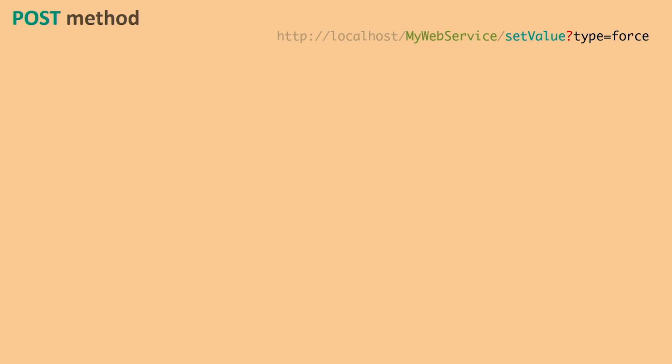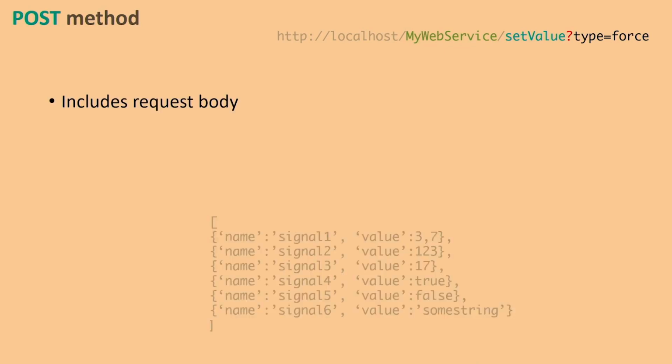And there is another one, the post method. The difference here is that it includes a request body. So we can not only pass data using the URL encoded parameters, but we can also push some string to our server that the server can process later on to fulfill the operation we request from it.